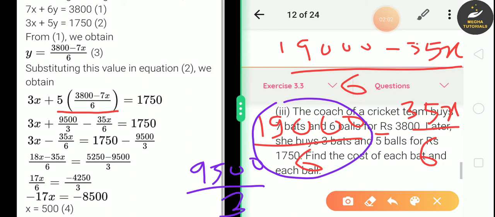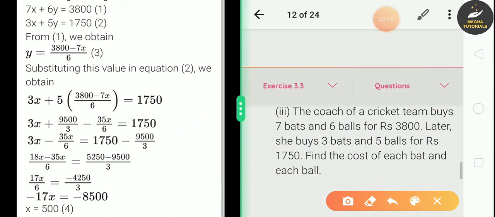Therefore, in the next step we got 3x plus 9,500 upon 3 minus 35x upon 6 is equal to 1750. In the next step, we have transposed 9,500 upon 3 to the RHS. Therefore, we got 3x minus 35x upon 6 is equal to 1750 minus 9,500 upon 3.